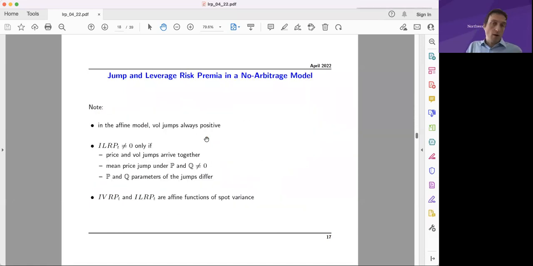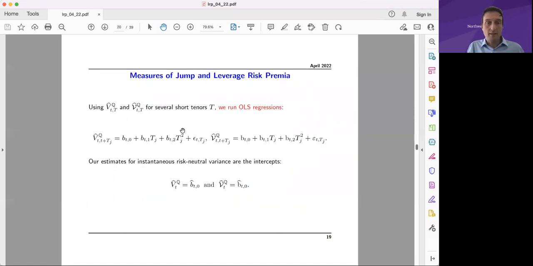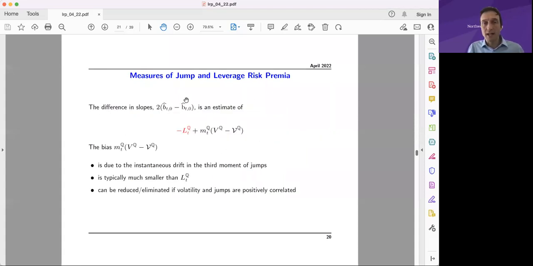So I have the estimates of the two slopes, and I take the difference of them, or twice the difference of them. What this gives me is an estimator of the leverage, plus the instantaneous drift of the gap between the two volatility measures. Now, I'm really after the leverage, not this other term.